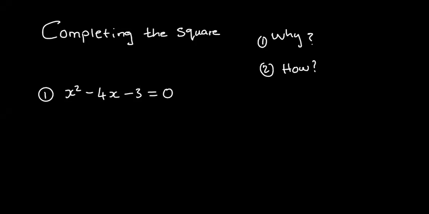So when factorizing, you consider the x squared term and the last term, which is the constant. What you will do to factorize is see if you can find the middle term.